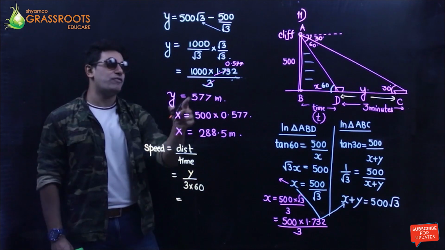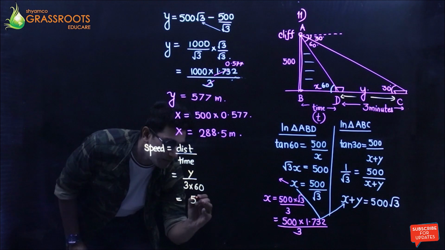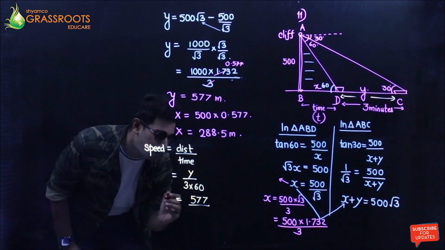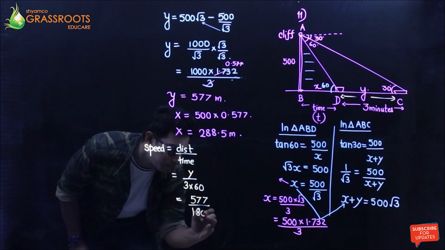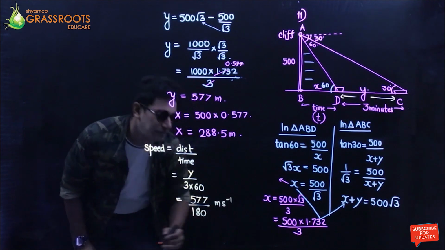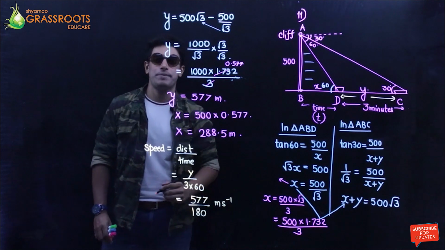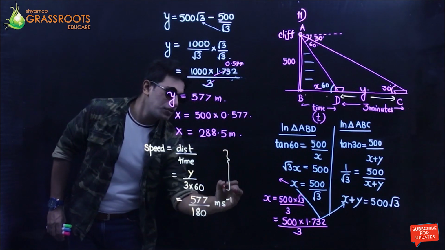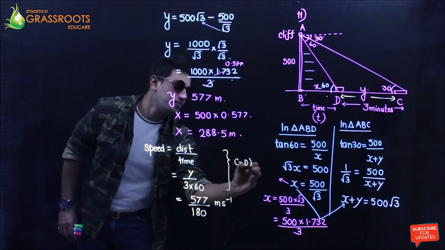So speed will be Y, 577 upon 3 into 60. That's how much? 180. This is meters per second. Speed remains the same.